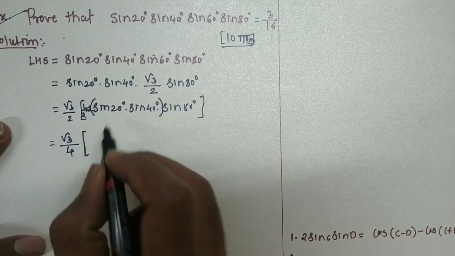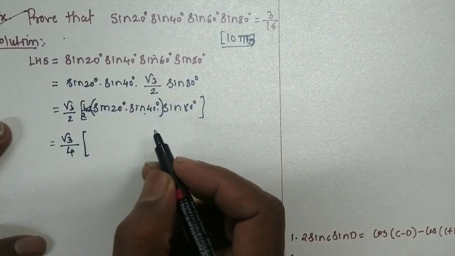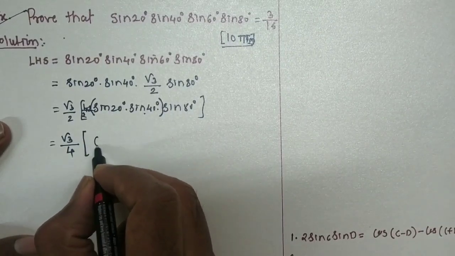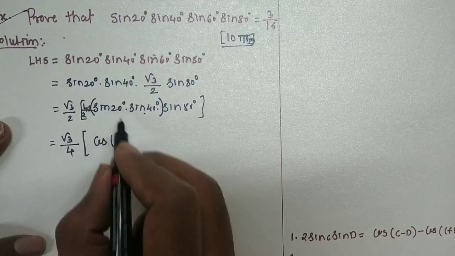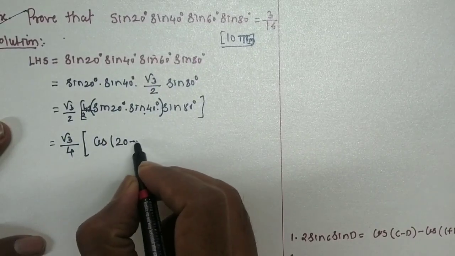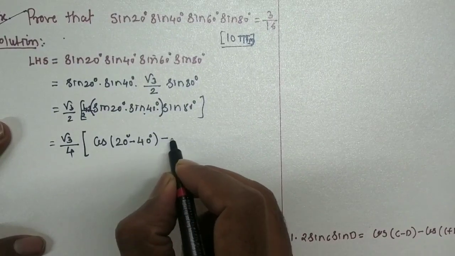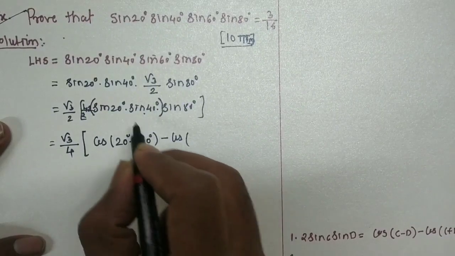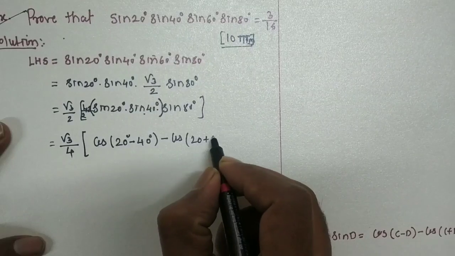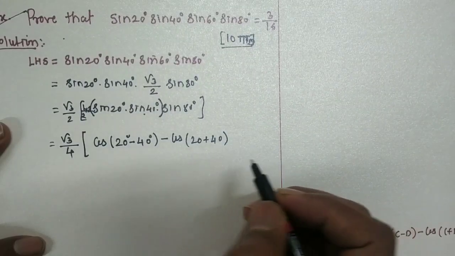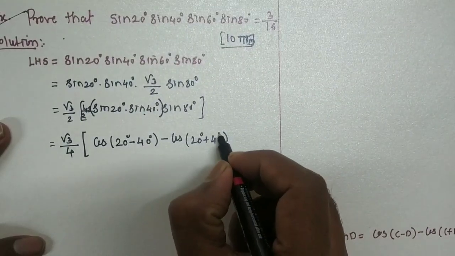And here I can apply the 2 sin C sin D formula. What is that? Cos(C minus D), so C minus D means 20 minus 40, minus cos(C plus D), so C plus D means 20 degree plus 40 degree.